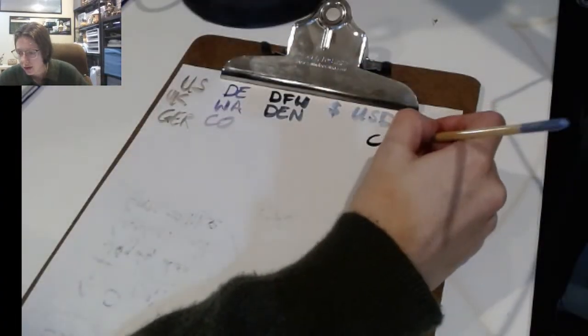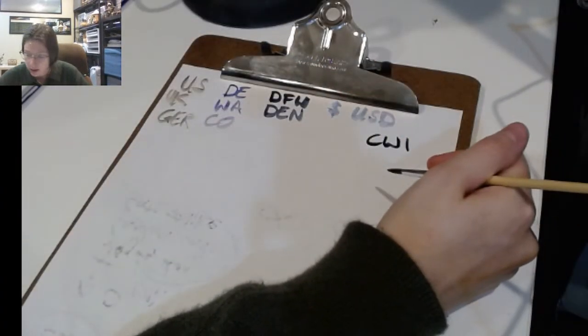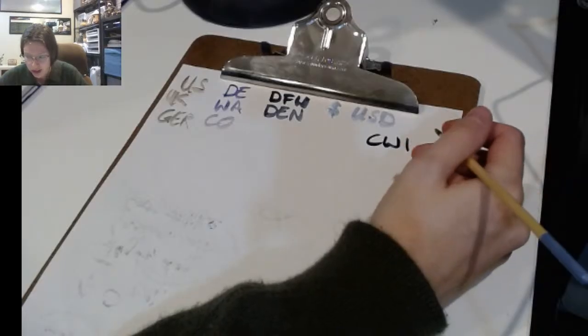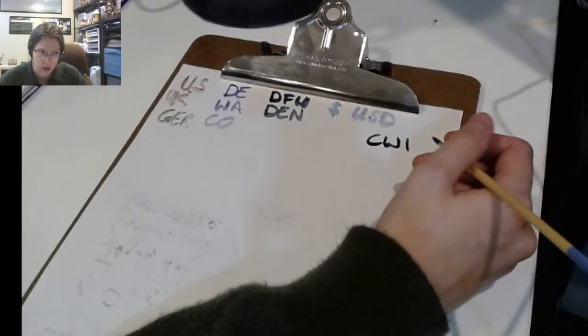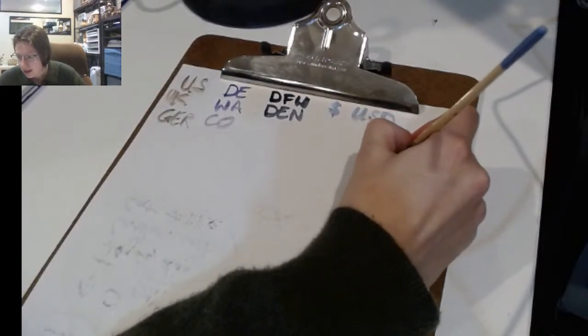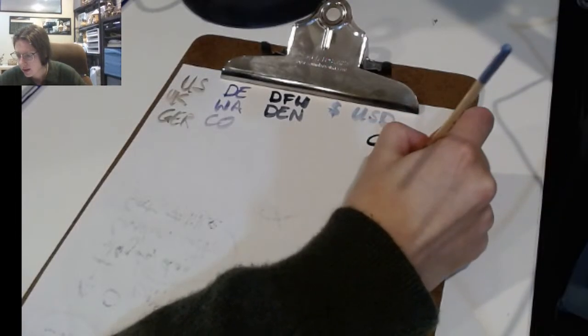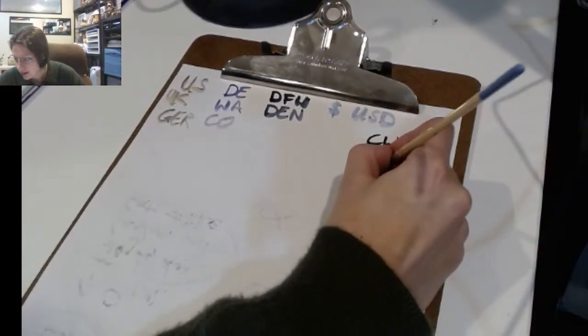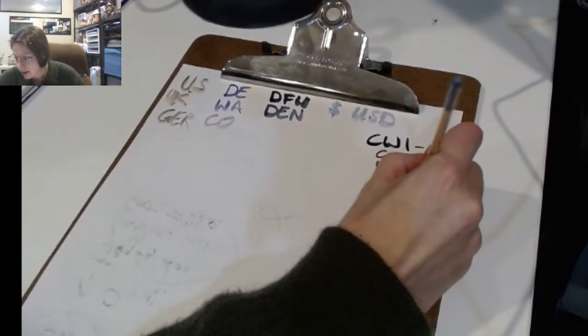That's a CWI. That's one I've heard before. So if you're going to be using this in your notes, then you're going to want to make sure that at the top of the page of notes, you make a little key, and you're going to want to write CWI, company-wide initiative.